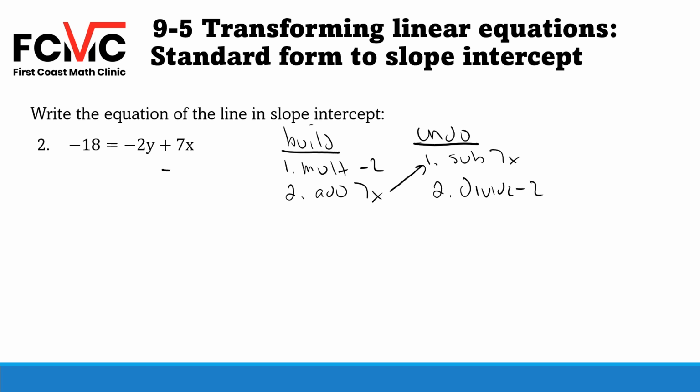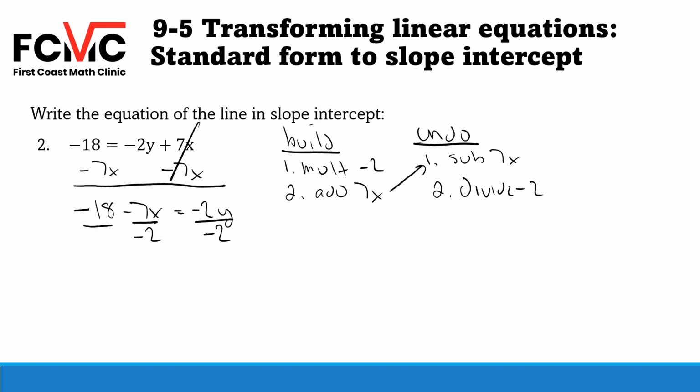So I'm going to subtract 7x, subtract 7x. The 7x's cancel out. So I get negative 18 minus 7x equals negative 2y. And then divide by negative 2. So I'm going to divide everything on the left and the right side by negative 2.